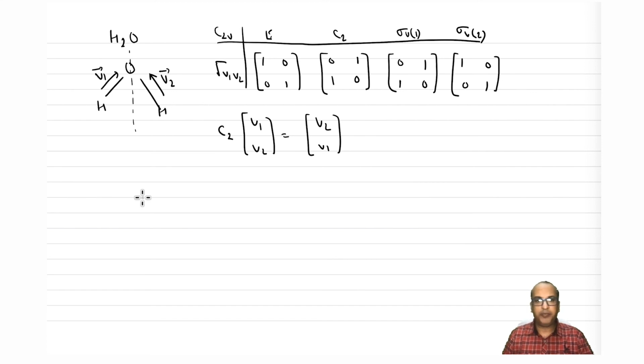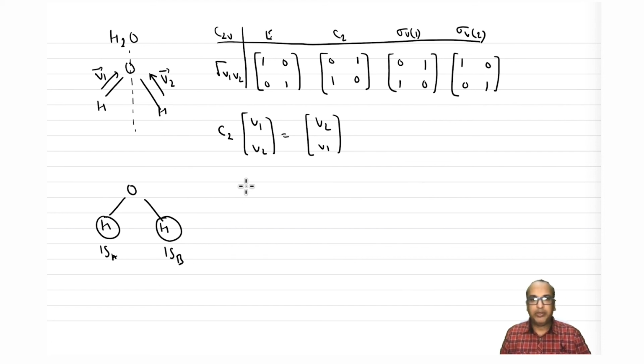So this is another representation for the same molecule but in two-dimensional space, where the space is defined by the basis vectors V1 V2. Let's write another representation for water where now the basis set is the s orbitals on water. One is A, let's call the other B. If we do that, what do we have?